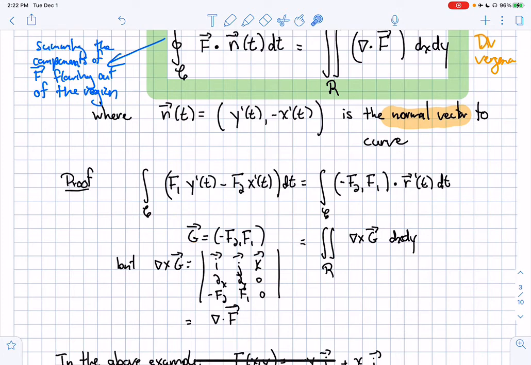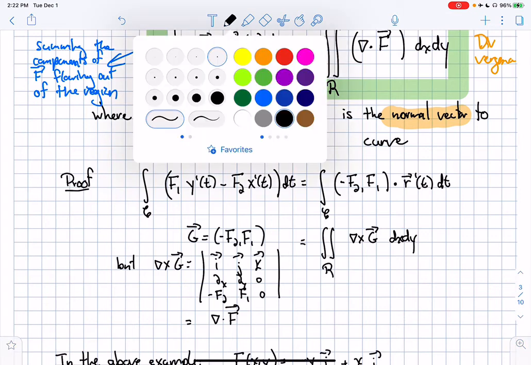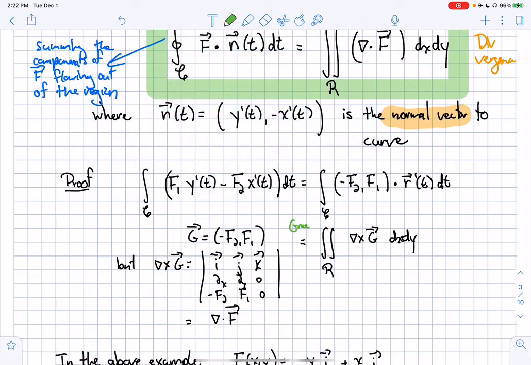So using Green's theorem, in green, this should be equal to the curl of G dot K. And if you compute the curl of G, so I do ijk, the derivative, now the x component is minus f2 and the y component is f1.